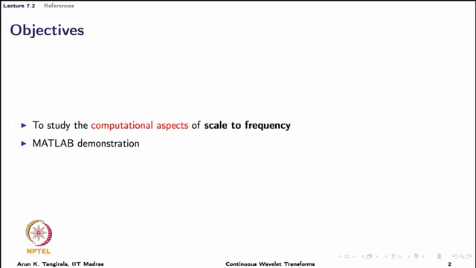Now, before we really plunge into the lecture, an important point to keep in mind is that this entire business of converting scale to frequency is not a well posed problem, primarily because a wavelet, or mother wave, is a short lived wave, whereas the sinusoidal signal, which is characterized in terms of frequency, is an infinitely long signal.